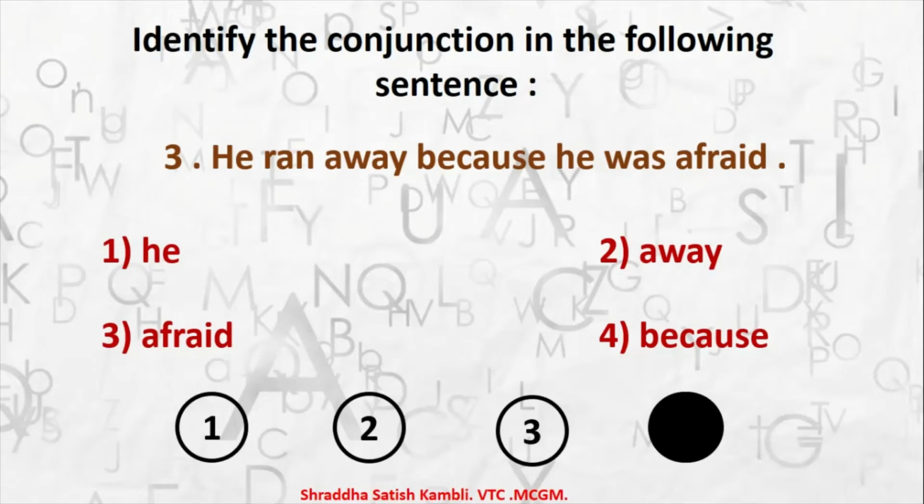Now since we have learnt all the other parts of speech also, you might understand by looking at the sentence if I tell you to identify the other words and tell me what part of speech they are. So he is a pronoun, away is an adverb, afraid... all these words you will now be able to identify. So because here is the conjunction.